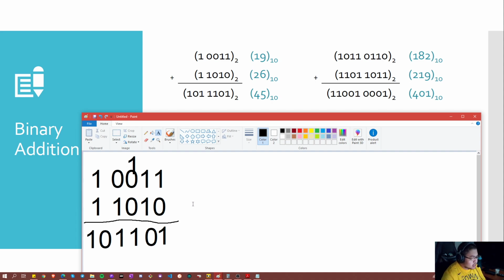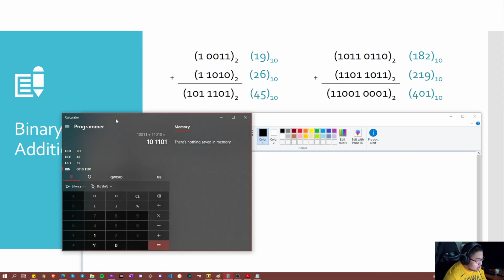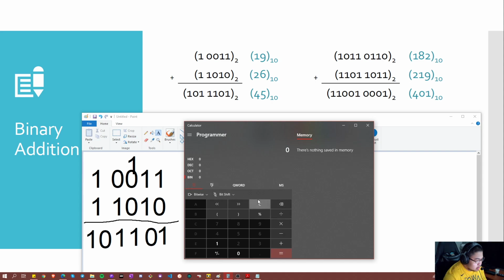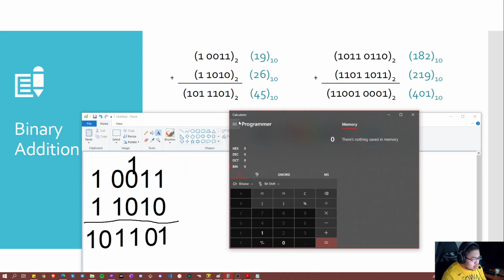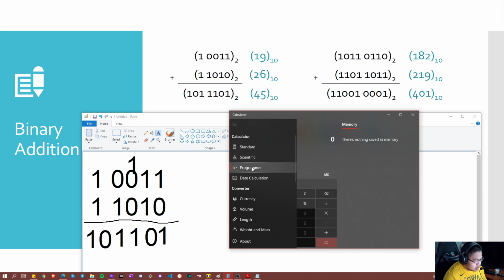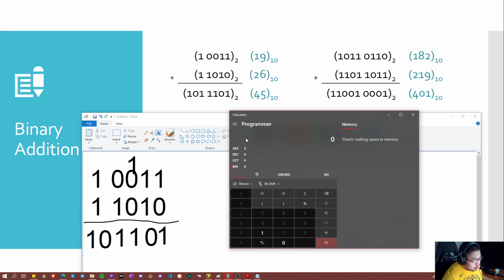So how do we check if we are correct? Let's use the programming calculator. You can see it here on the side. Now let's double check if we are really correct. That's 1 0 0 1 1, and we'll add it to 1 1 0 1 0.